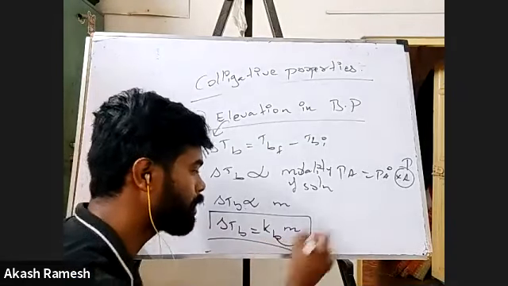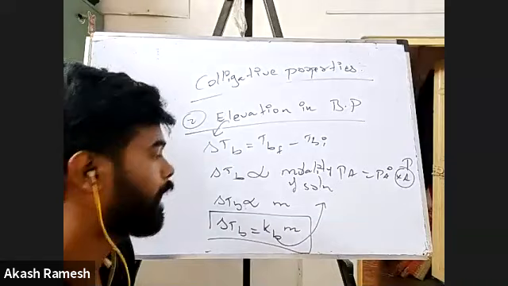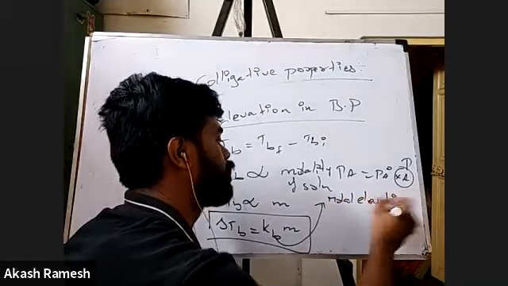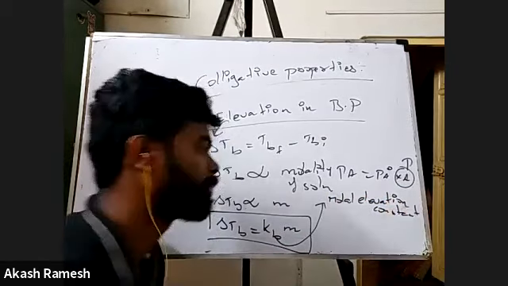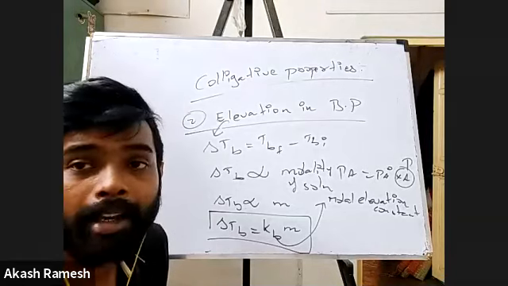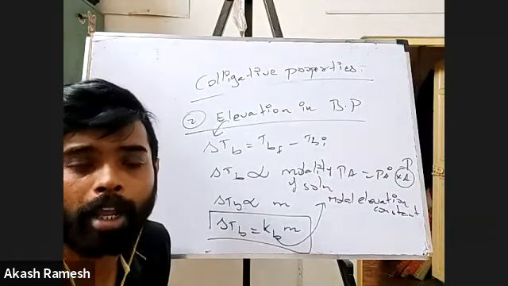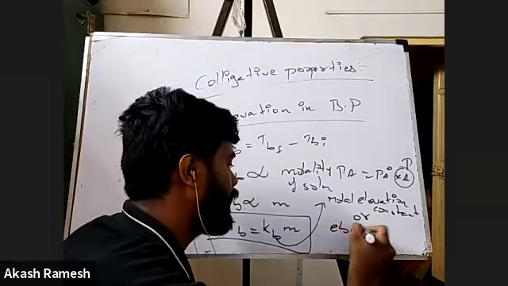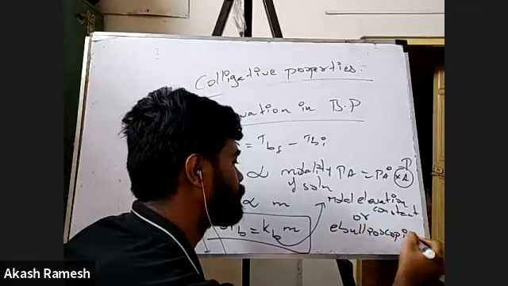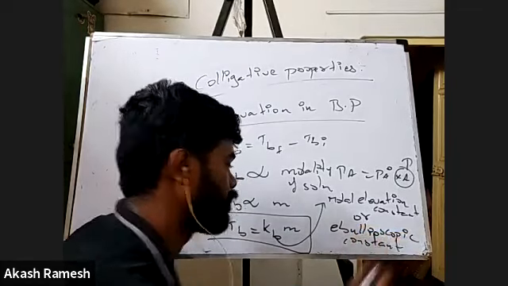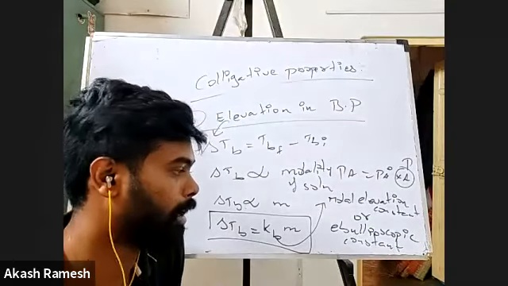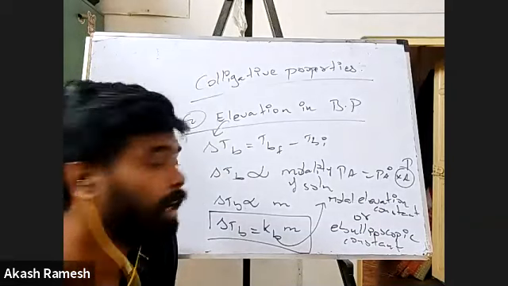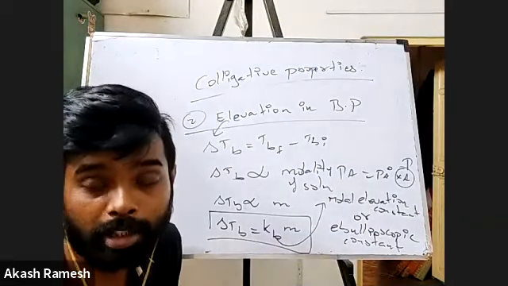Now I'm going to give you some names for the Kb. Kb can be called the molal elevation constant. It's called molal elevation constant because I'm talking about elevation of boiling point, or it is called the ebullioscopic constant.